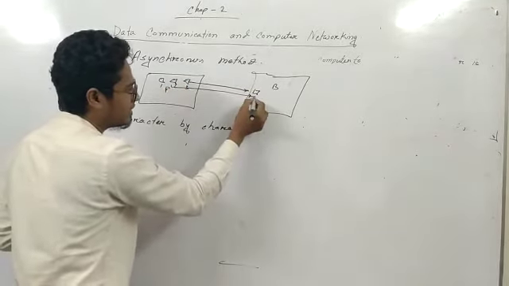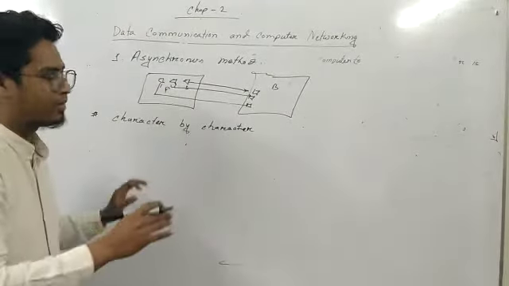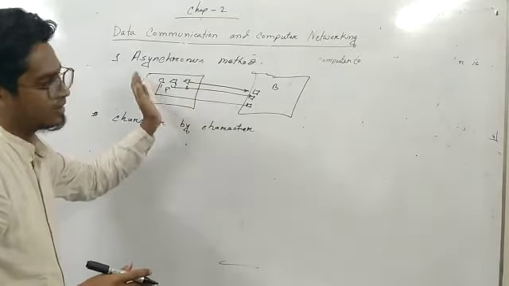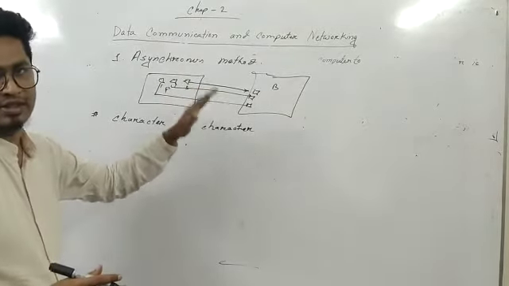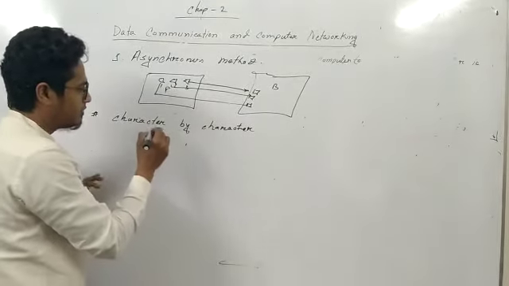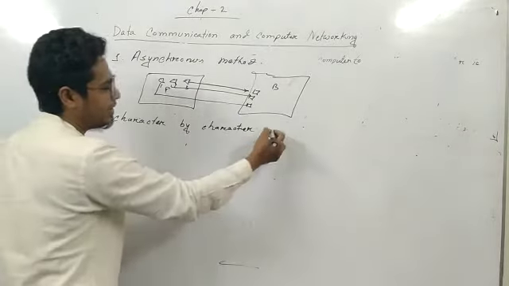Not at a time. First send 1, and after sending this 1, it will send 2, then it will send 3, like this. So the data transmission method from one device to another device is character by character.